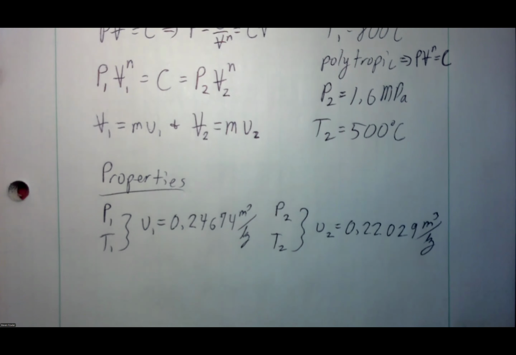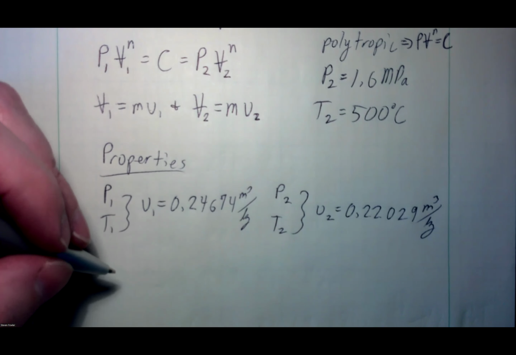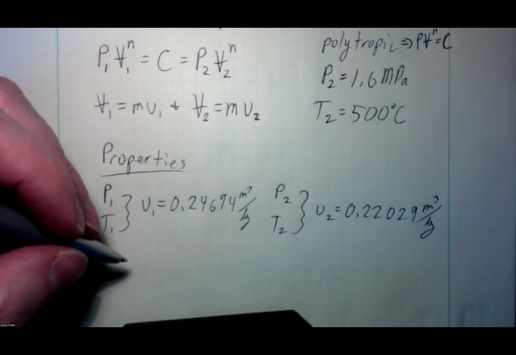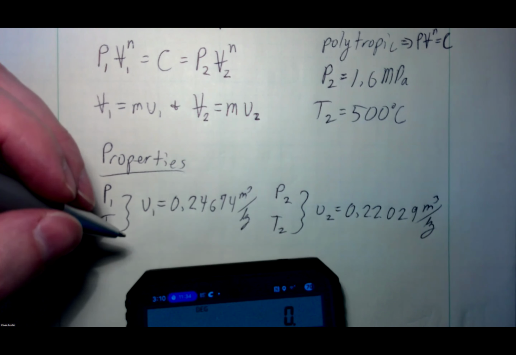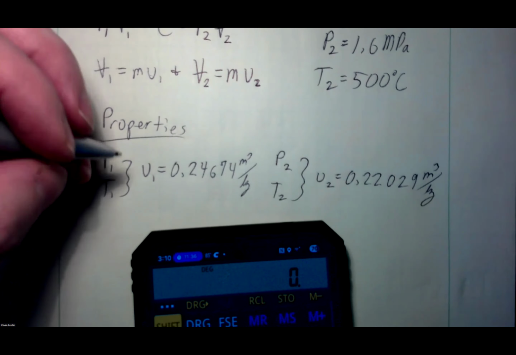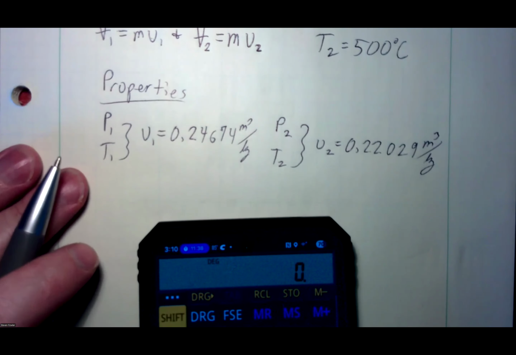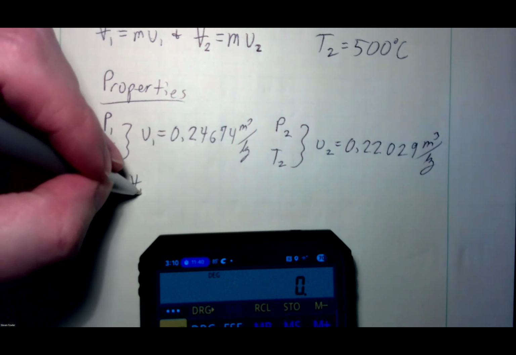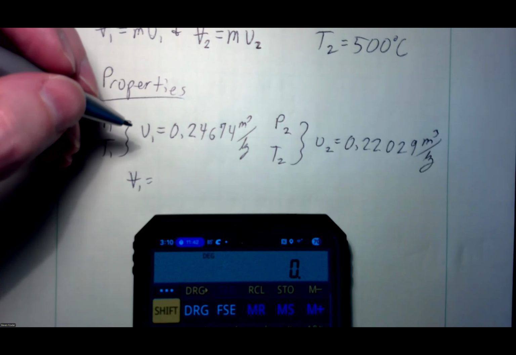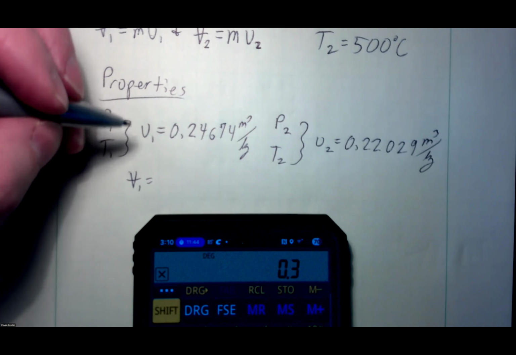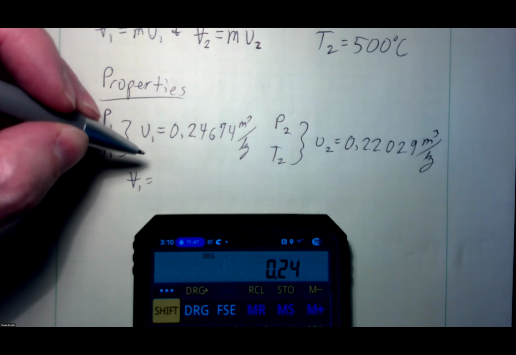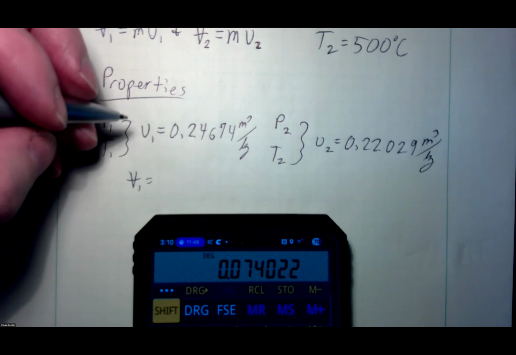Okay. So with that, I can find my total volumes. Might do that in my head or even just writing it out, but let's just knock this out real quick. That means V1 is 0.3 times 0.24674.